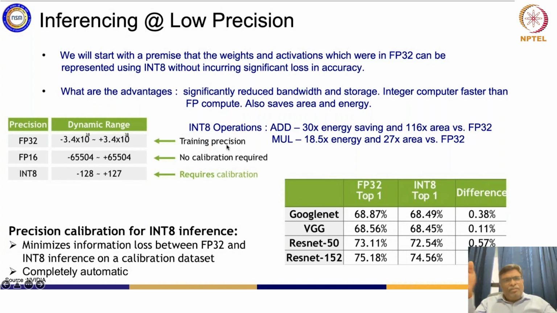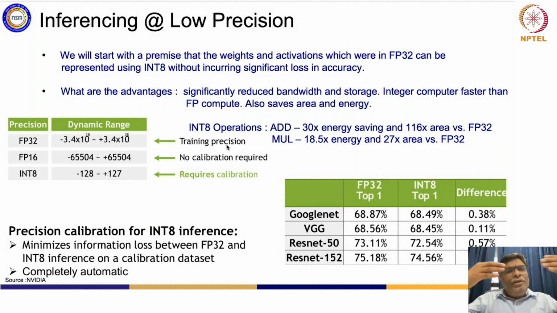So the training precision's dynamic range varies from minus 3.4 into 10 to the power of 38 to plus 3.4 into 10 to the power of 38, right? This is your training precision.